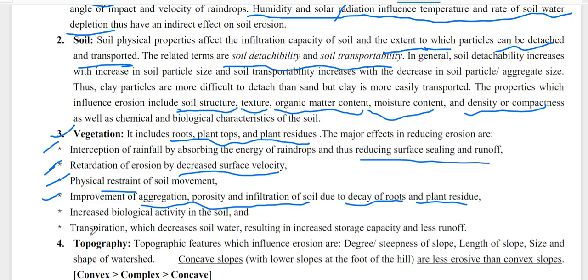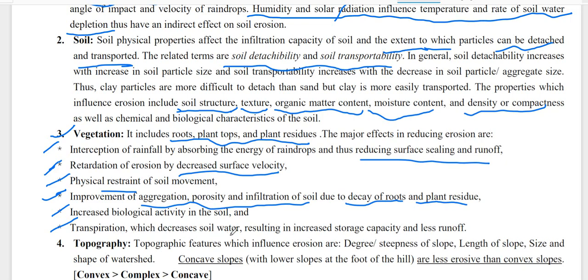Increased biological activity in the soil. Inside the soil, biological activity will be increased, like small particles are there, so it will infiltrate the soil more. Now the transpiration, which decreases the soil water, resulting in increased storage capacity and hence less runoff. You know about the transpiration.